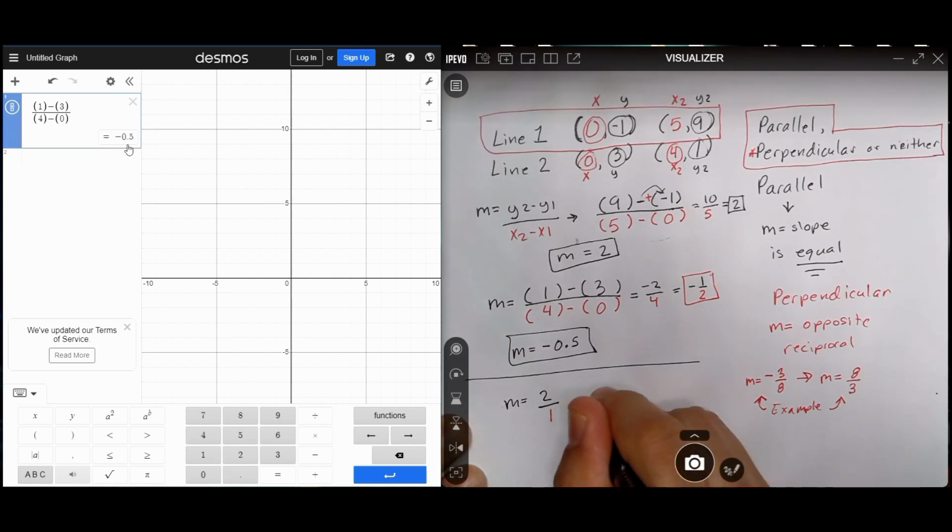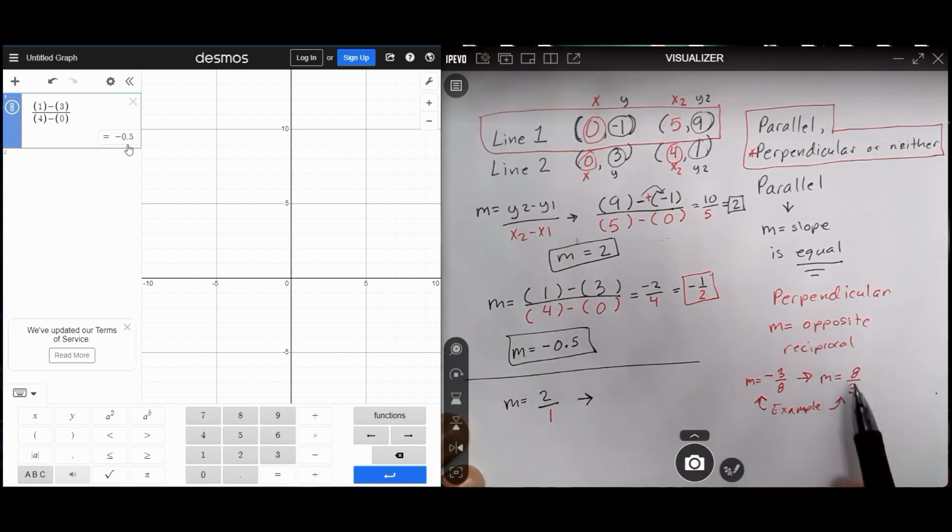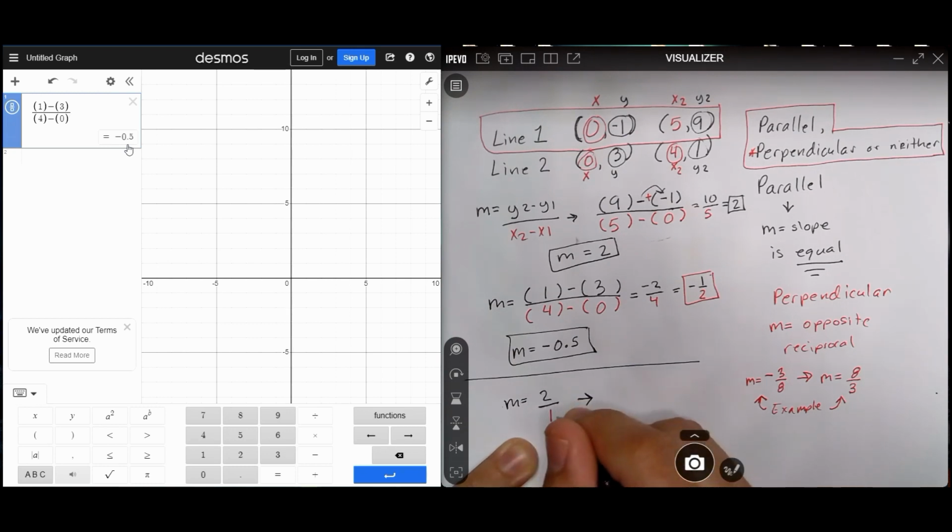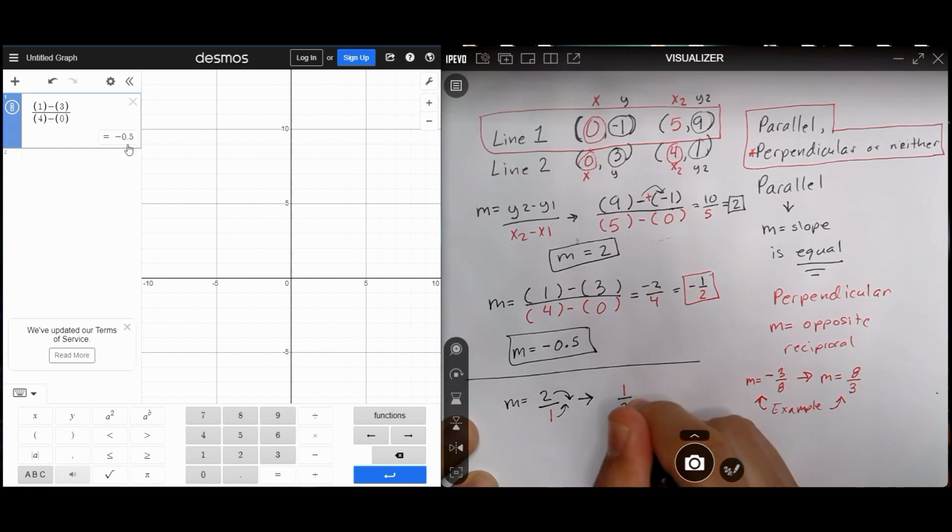And remember the rule that we had for perpendicular lines? It says if it's the opposite reciprocal, it is perpendicular. So in other words, if I flip this, I move the numerator to the denominator and the denominator to the numerator. So this goes up, this goes down. If I flip that, that would become 1 over 2.